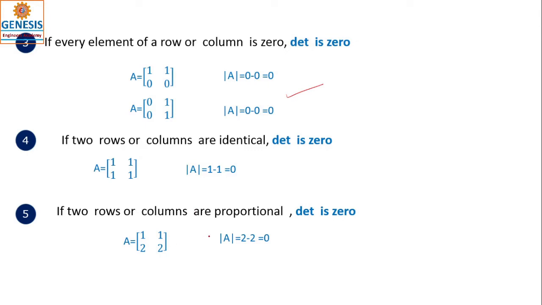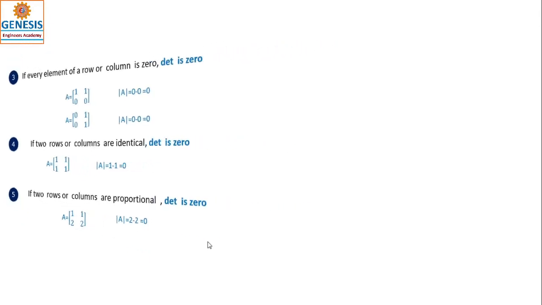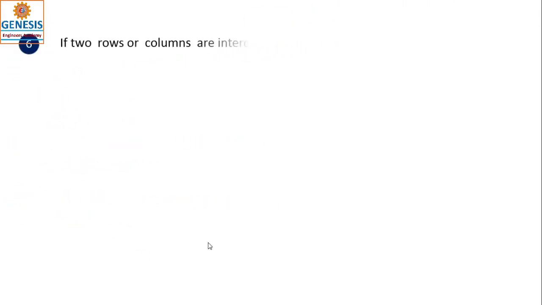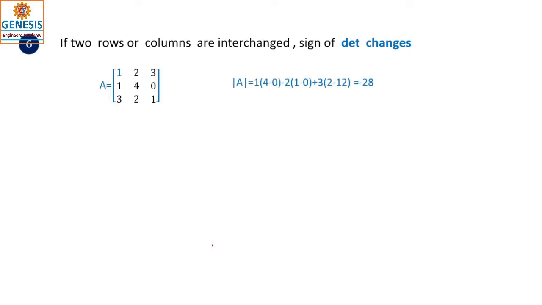Now the sixth point is: if two rows or columns are interchanged, the magnitude remains the same but the sign of the determinant changes. So this is the A matrix. This determinant value is minus 28. See this one, I have interchanged the first row and the third row.